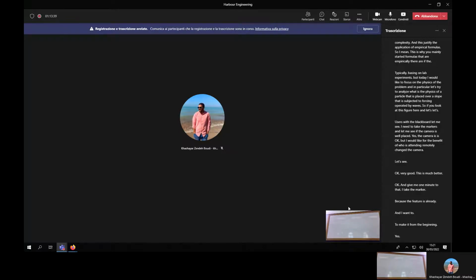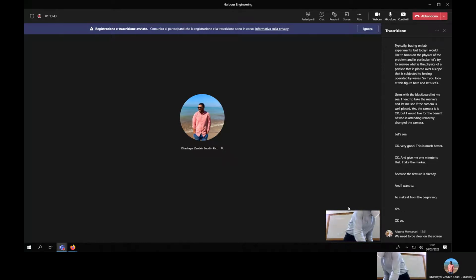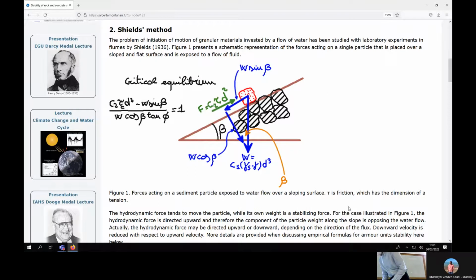Okay, so let me put the figure on the screen so we see. I try to use the same symbols. Now, the problem is simple. We have a slope, which has an angle beta with the horizontal plane.